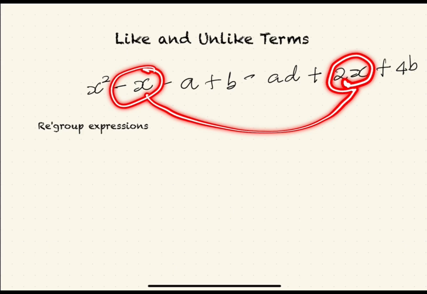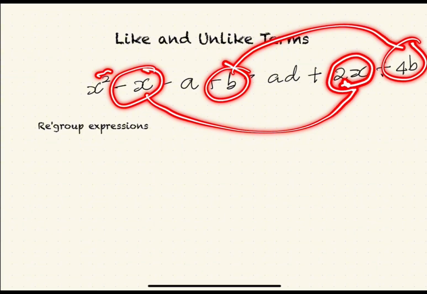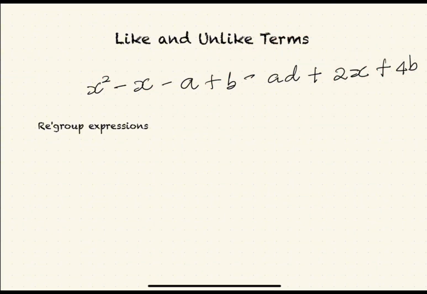I will rewrite it so that the b here and the 4b are placed next to each other so that we can see them. I will leave this the way it is because it doesn't have any like terms.